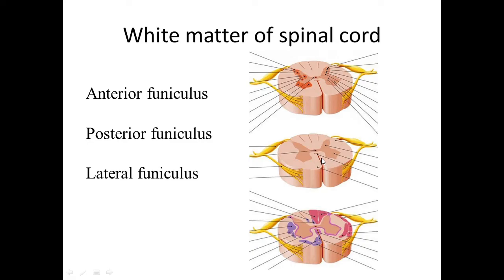Then there is the posterior funiculus, or posterior white column, which lies between the posterior median sulcus and posterolateral sulcus. And the lateral funiculus is present between the anterolateral and posterolateral sulcus. So the white matter is divided into 3 parts: the anterior funiculus, posterior funiculus, and the lateral funiculus.